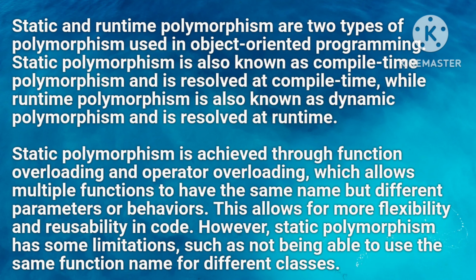Static polymorphism is achieved through function overloading and operator overloading, which allows multiple functions to have the same name but different parameters or behaviors. This allows for more flexibility and reusability in code. However, static polymorphism has some limitations, such as not being able to use the same function name for different classes.